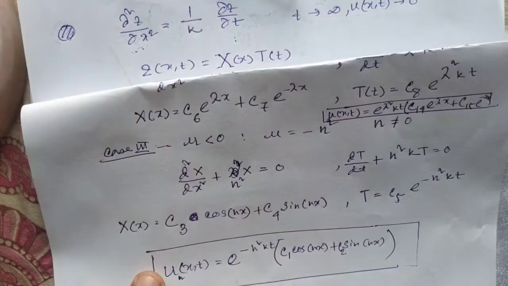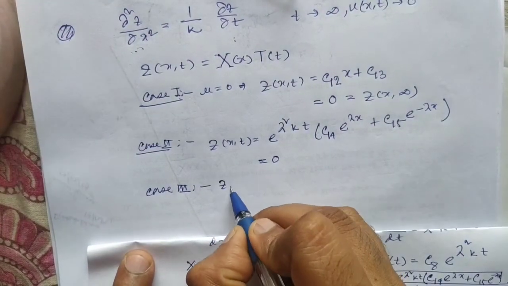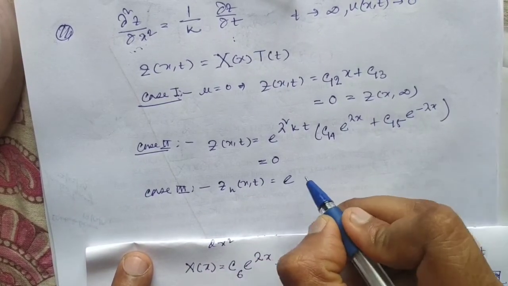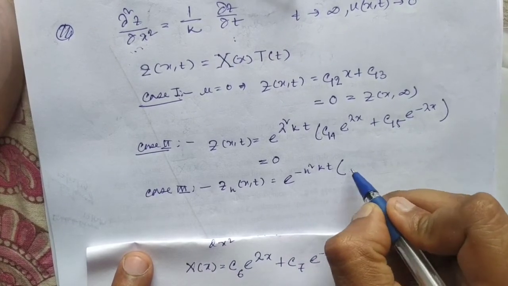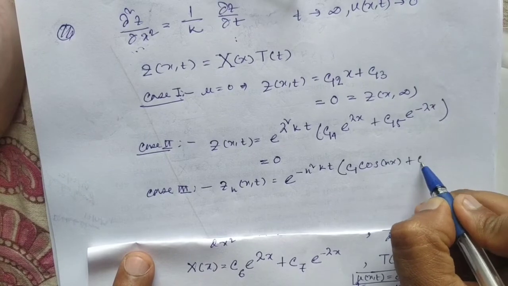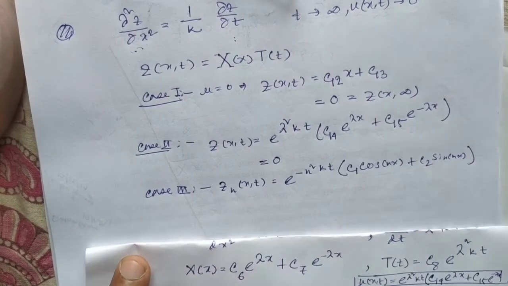As you see, your case 3 is z(x,t) equal to e to the power minus n square kt times (c1 cos nx plus c2 sin nx). This is the solution.